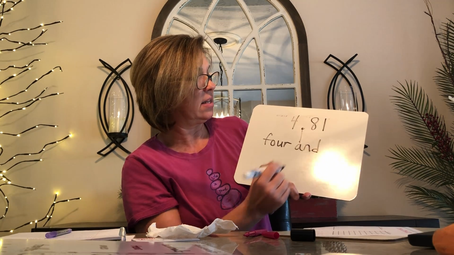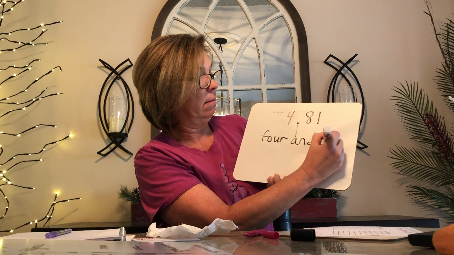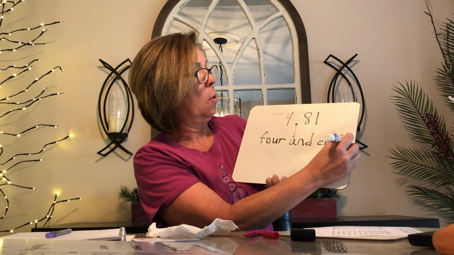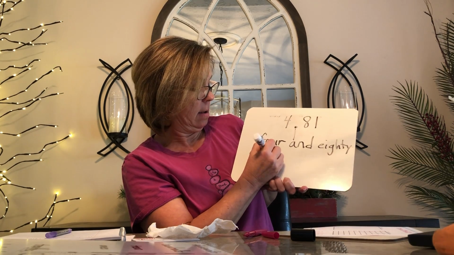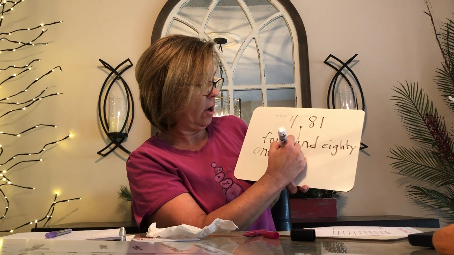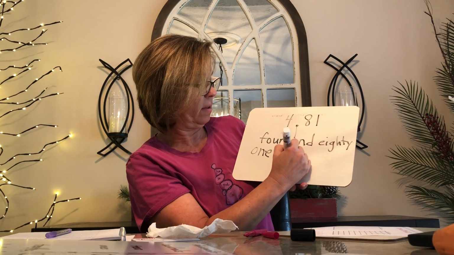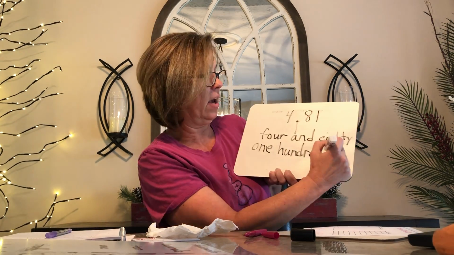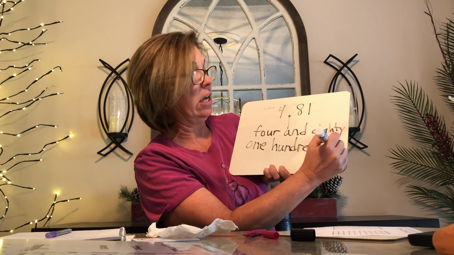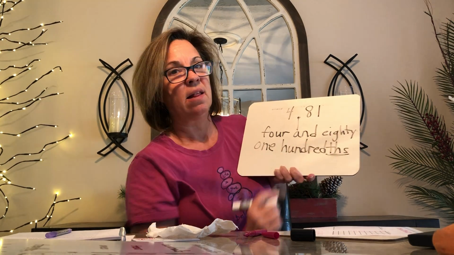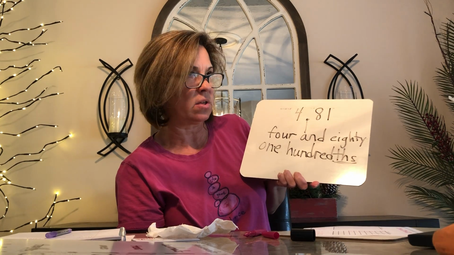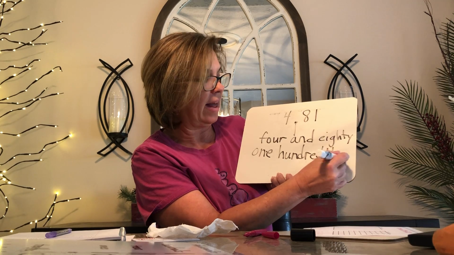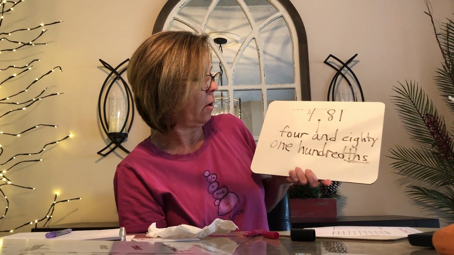That's what I put in place. 80. 1, and then hundredths. It goes out to the hundredths place, so I'm writing 100. And watch this, guys. You have to make sure that you add the THS, hundredths. That separates decimals from whole numbers. We're not in the hundreds place. We're in the hundredths place.